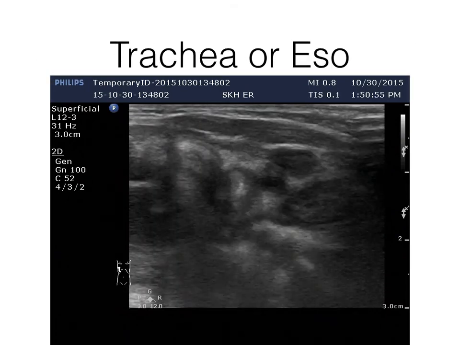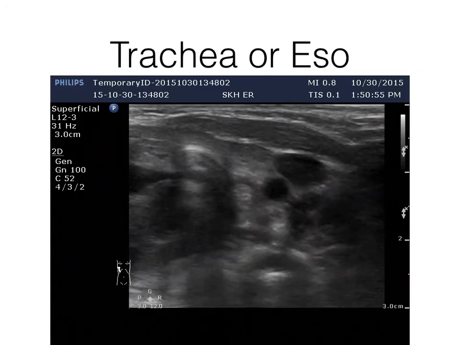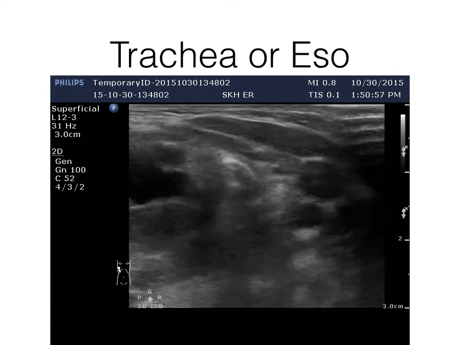This time, are we successful to intubate the tube? Because the previous one we failed, then we do it immediately. And this is what we do. So this time, trachea or esophagus?